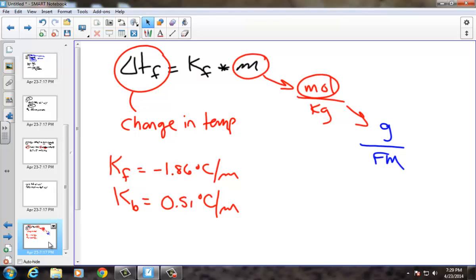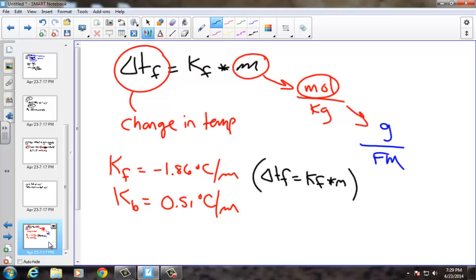And then remember, these are for non-electrolytes. If I have an electrolyte solution, then I end up changing this by the number of moles of ion particles that I would have. So I would take my temperature change times the number of ions, right?